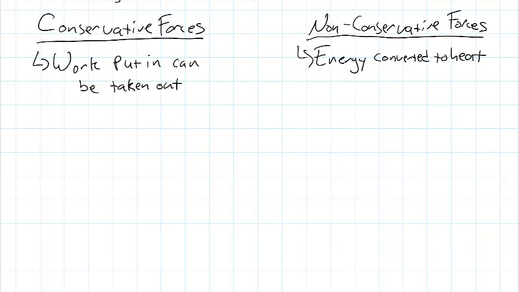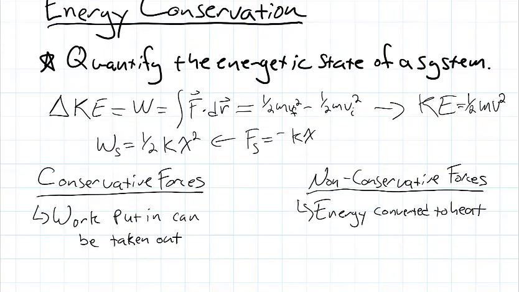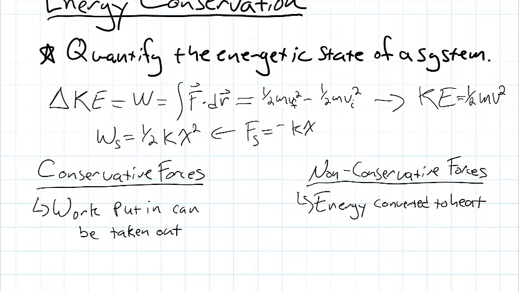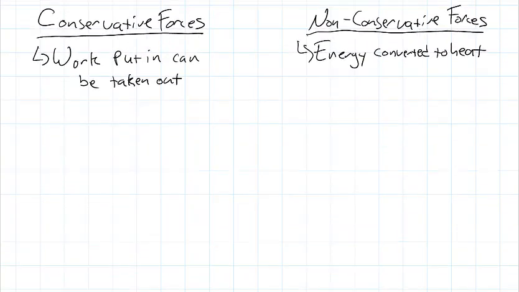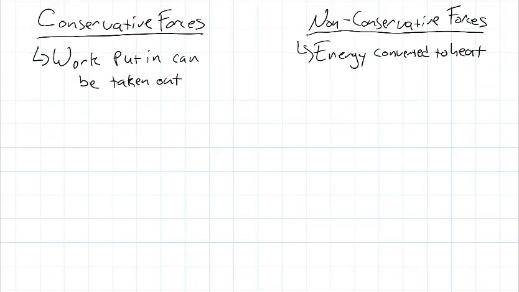One important thing about conservative forces: when we're talking about a force acting over a certain distance, it's important to keep in mind that we have this distance or path variable in there when we're looking at our amount of work or energy transferred. For conservative forces, we have the nice aspect of path independence.